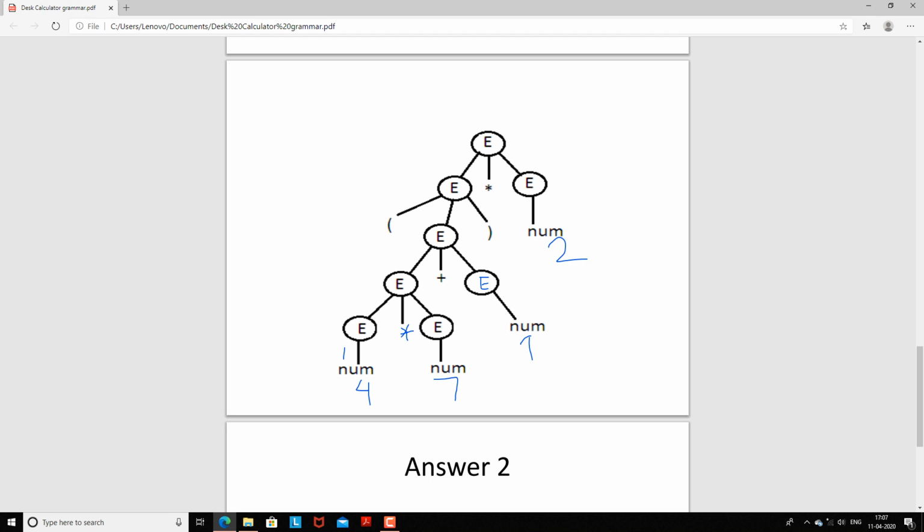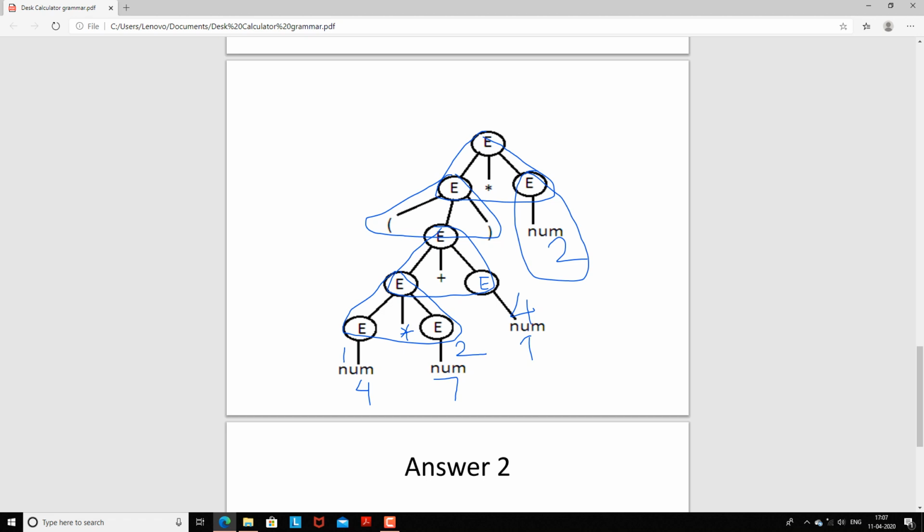The first reduction is this one, second reduction is this, third reduction is E tends to E into E, fourth reduction is this one, fifth reduction is this, sixth reduction is this, seventh reduction, and the last one is the eighth reduction.